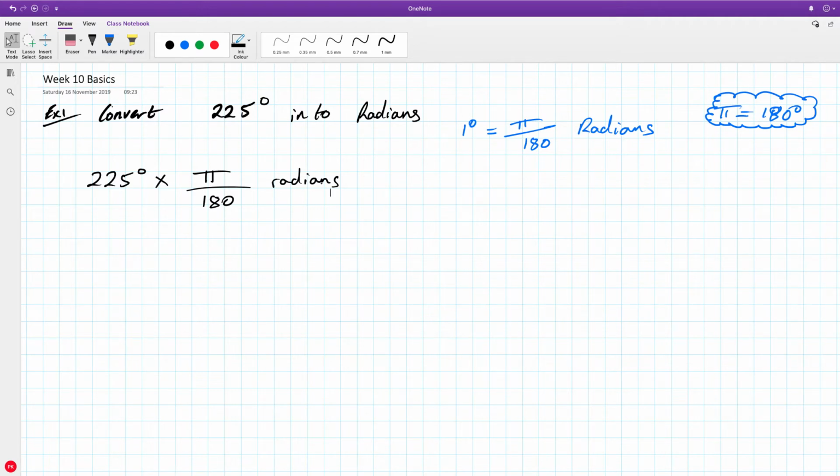So, while we're doing this, and all of today, we are going to be looking at page 13. The logbook has the majority of the information we need. So, what is 225 multiplied by pi over 180?